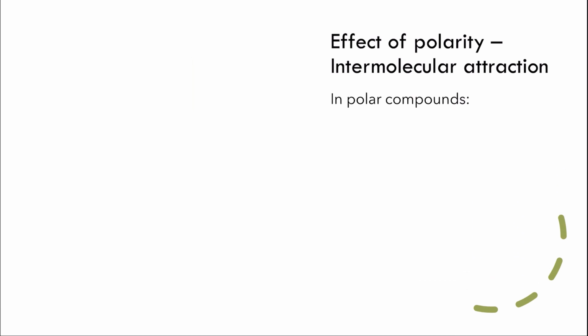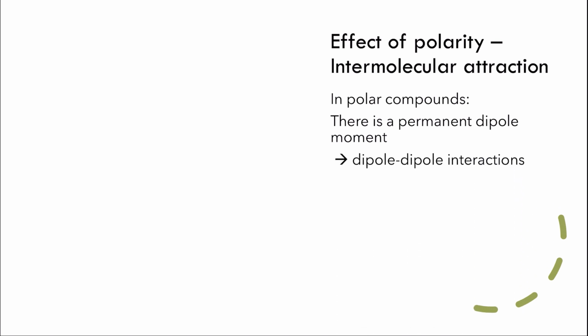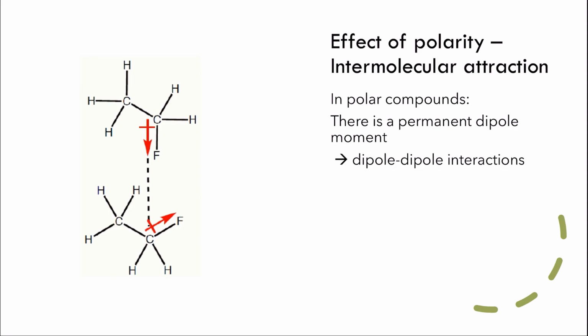So these are polar compounds because of the presence of the dipole moment. So there is a permanent dipole moment and there is a dipole-dipole interaction, as we can see here.